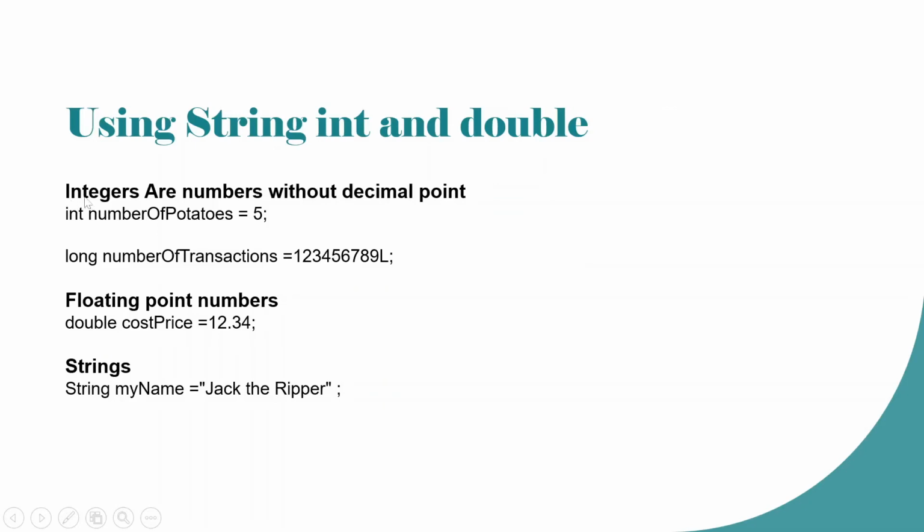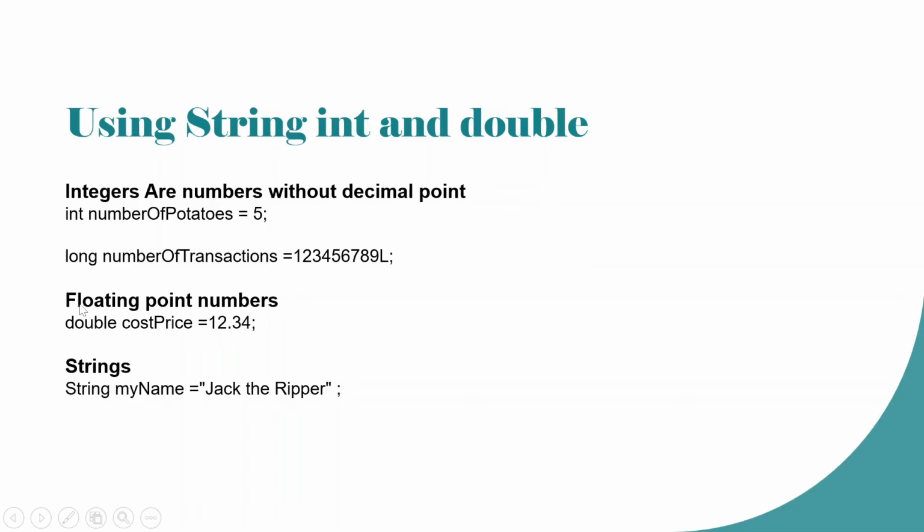There are variables that store integers. Integers are numbers without decimal points, like the number of potatoes equals 5. You can't go to the store and buy 4.5 potatoes. You will buy a fixed number of potatoes, no fraction. So that is what an integer is, a number without a fraction.